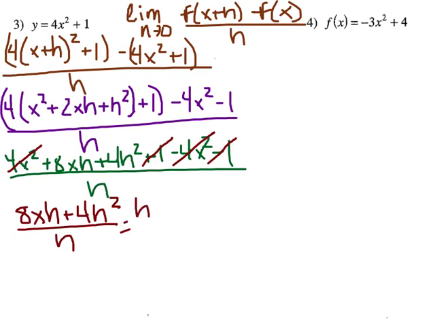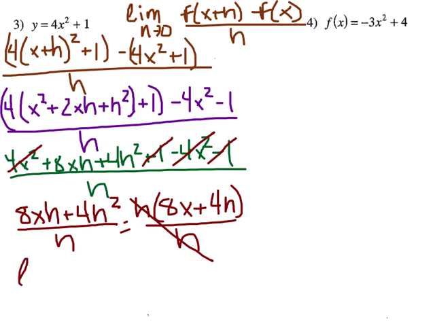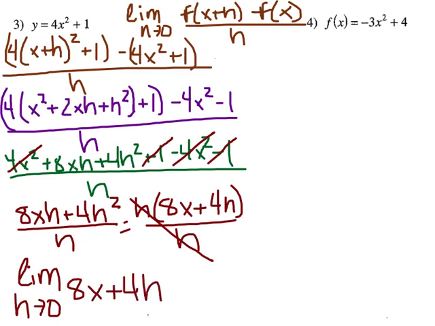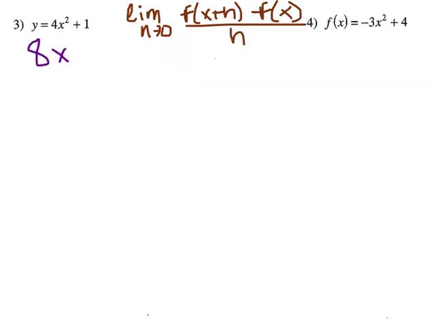We can factor out the top to be h times 8x plus 4h all over h. Those will cancel, and we have the limit as h approaches 0 of 8x plus 4h. We don't have any domain restrictions here, so we can just plug in 0 for h, and we will get 8x. That is our derivative of this function.